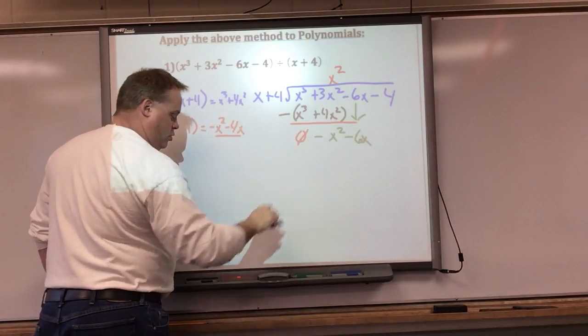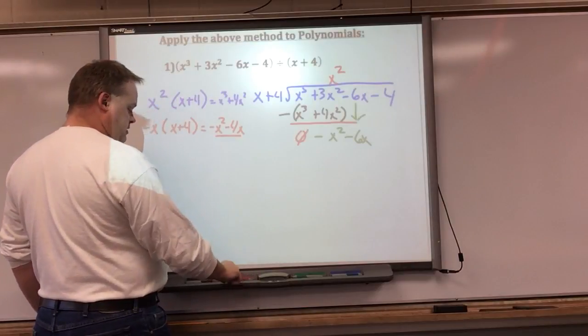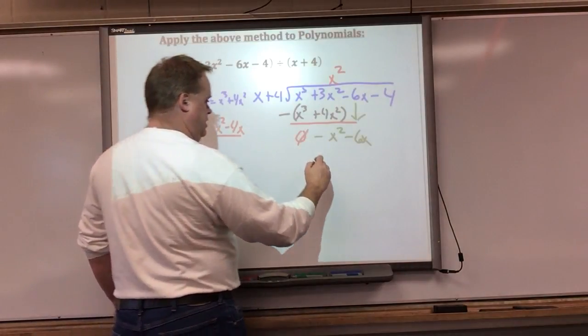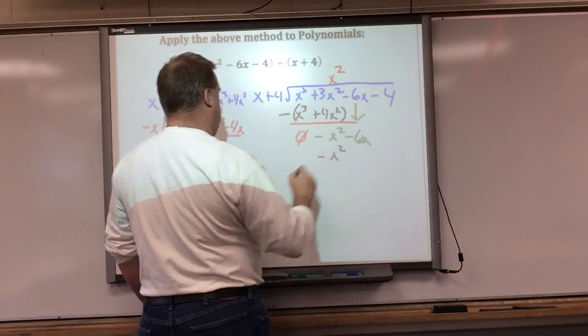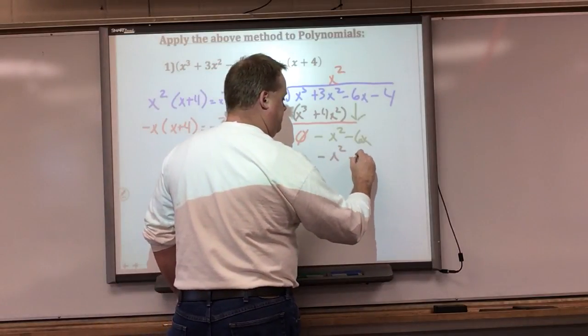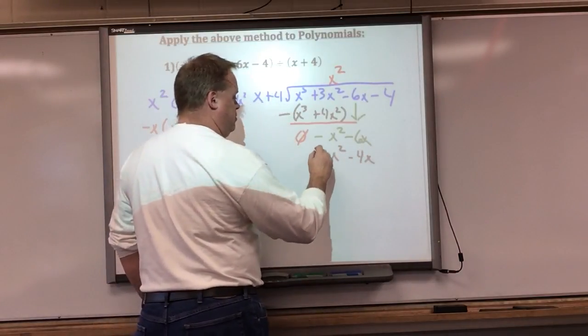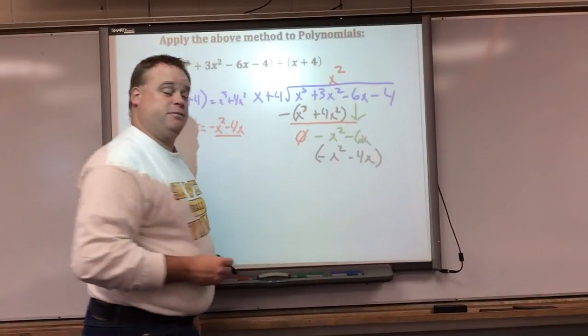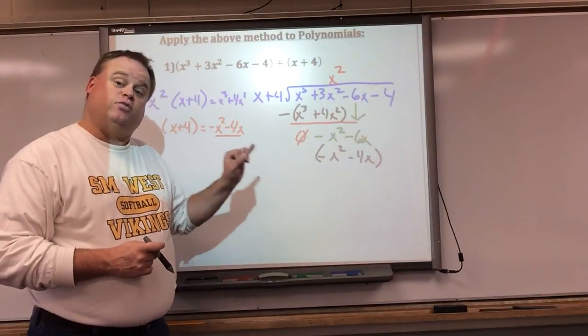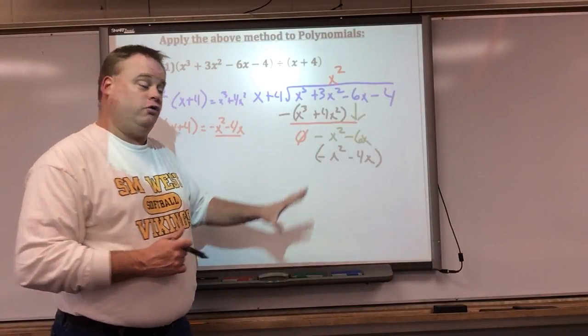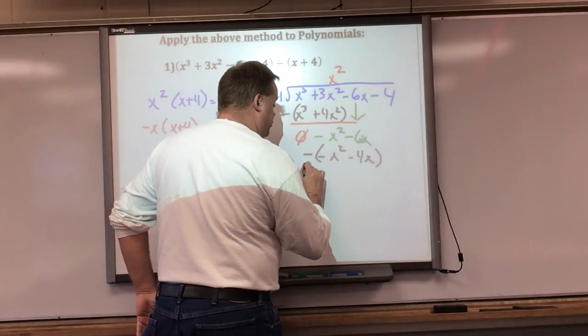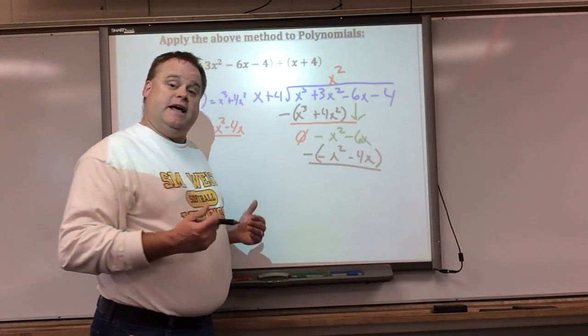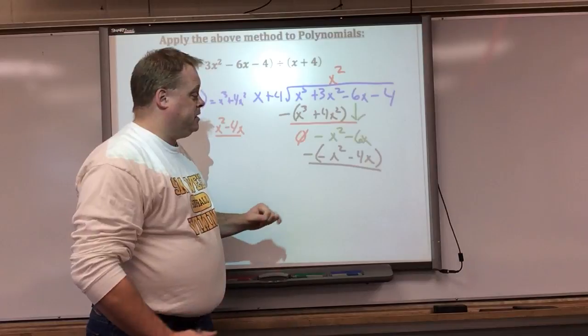Well, that becomes negative x squared minus 4x. This is what's going to go underneath. So here we go. Negative x squared minus 4x. Now remember, I always put it inside parentheses, right? Because we are going to minus that whole term. And that should make sense in just a second.